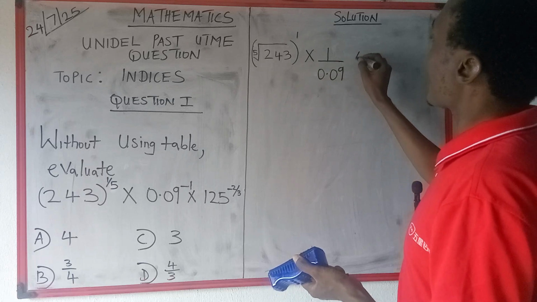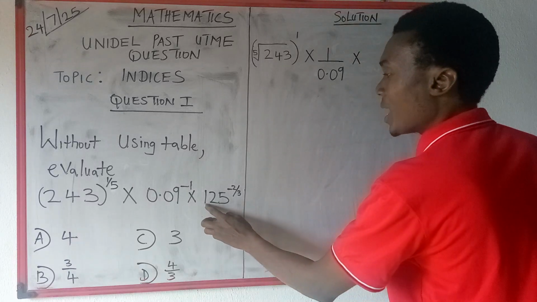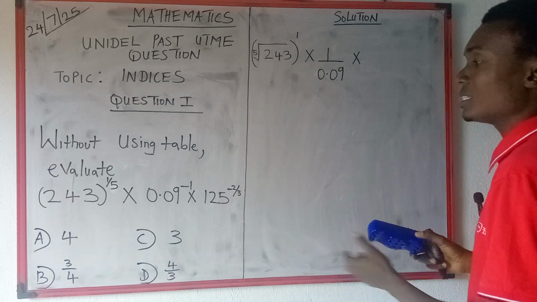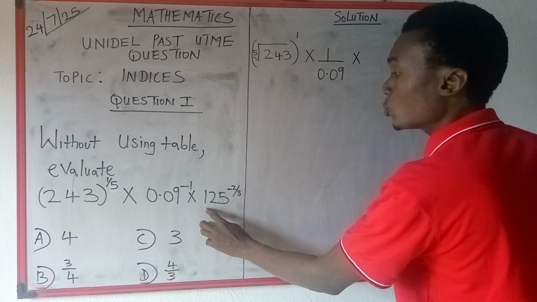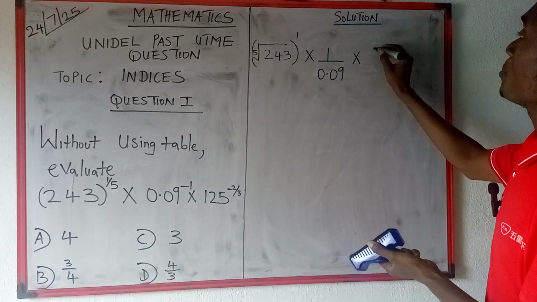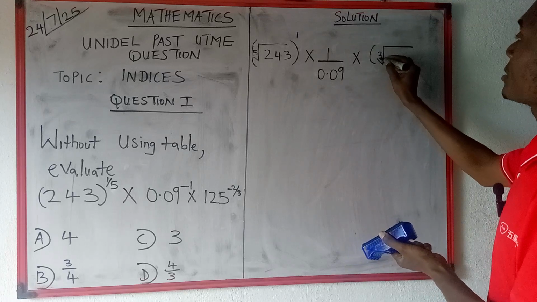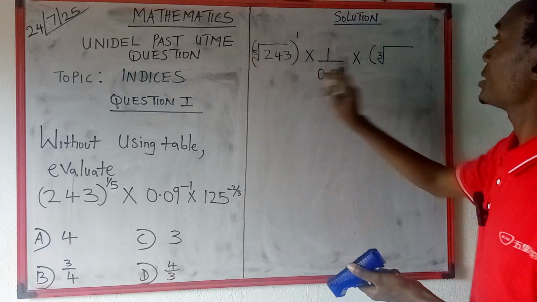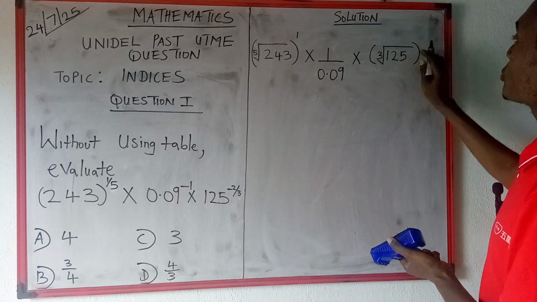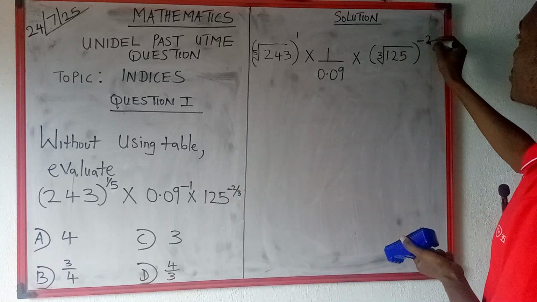Times, now go to this next one, 125 raised to the power of minus 2 over 3. What does it mean? It means the third root of 125. So put a bracket, third root, put your 3 here, the way we did it here, third root of 125, close your bracket, raised to the power of what? Minus 2. So put your minus 2 there.